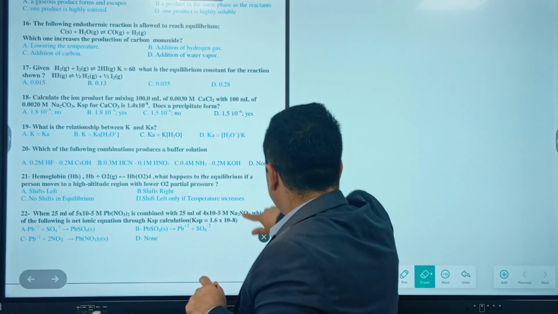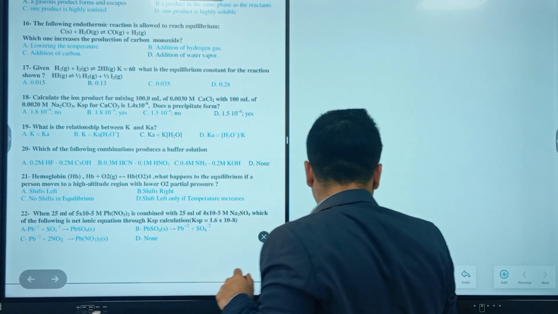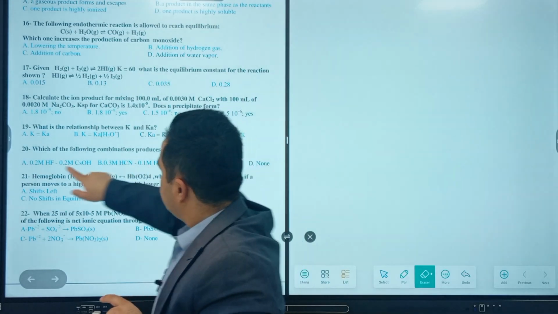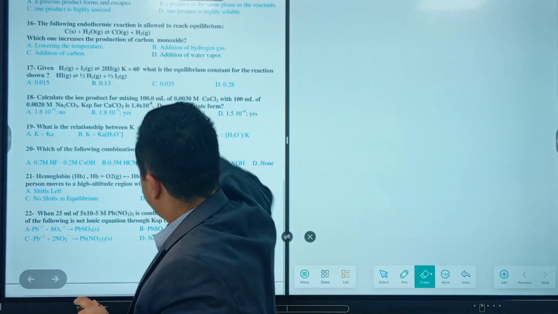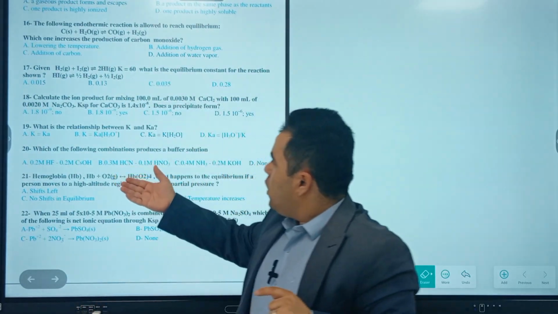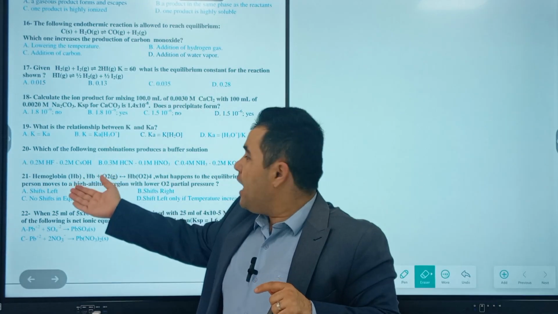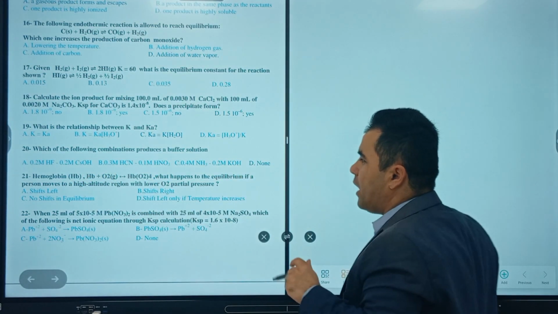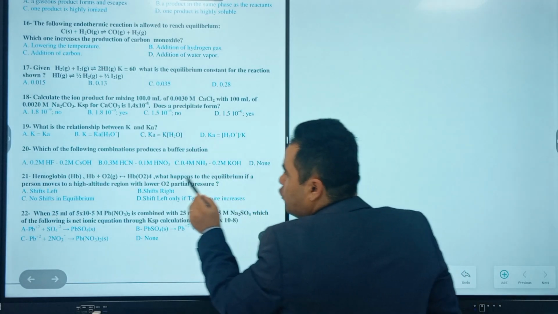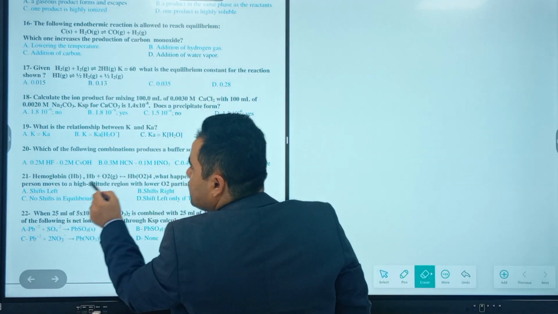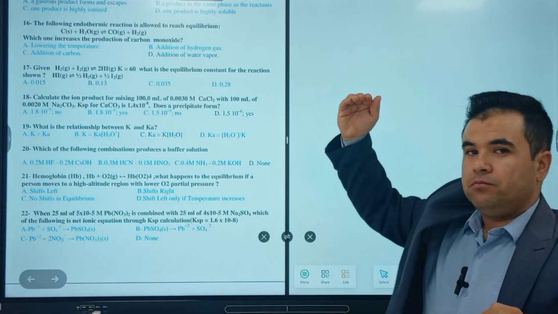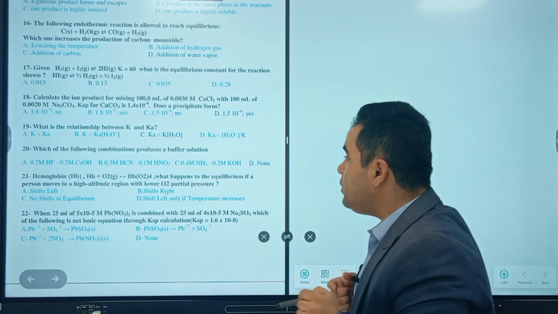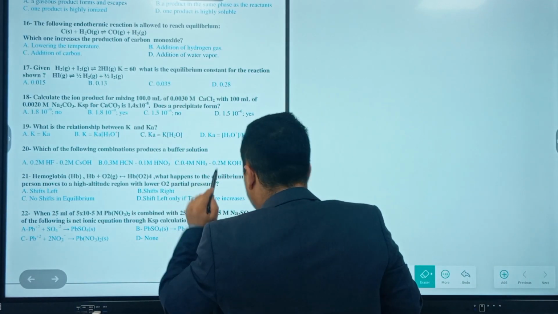Another question, guys, for this part. Hemoglobin Hb plus oxygen forms HbO2. What happens to the equilibrium if a person moves to a higher altitude region, with low oxygen partial pressure?